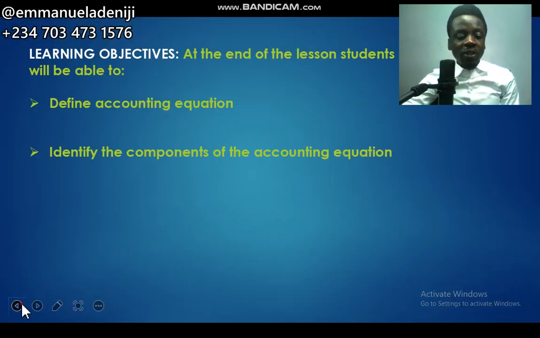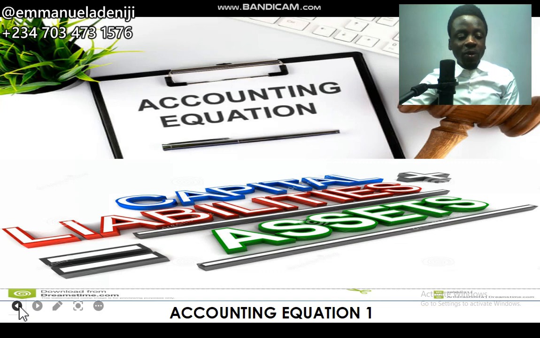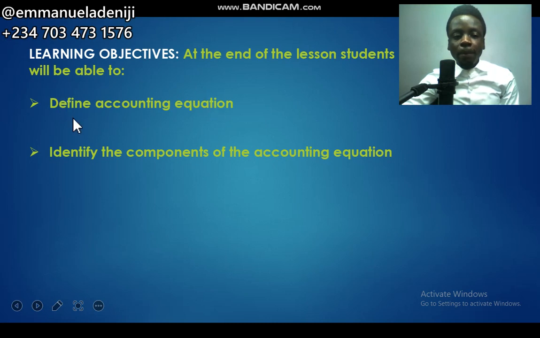Let's summarize. When we were starting this class, I said we are going to be able to define an accounting equation. We said an accounting equation is a mathematical statement that shows the relationship between assets, capital, also known as owner's equity, and liabilities. So the three components of this equation are assets, capital, and liabilities.